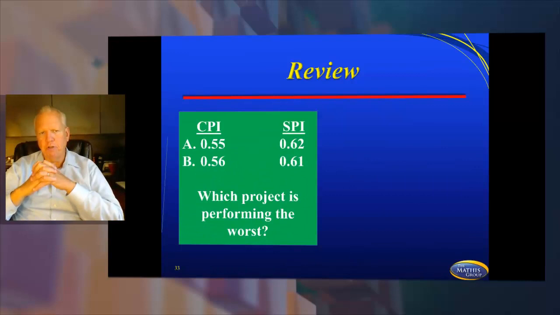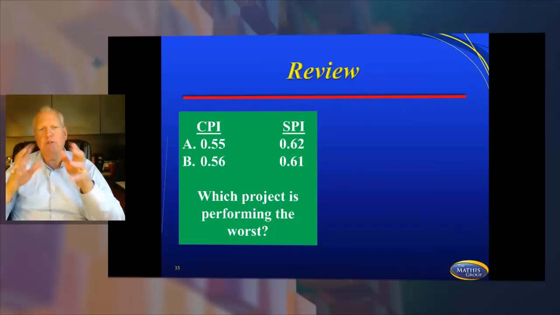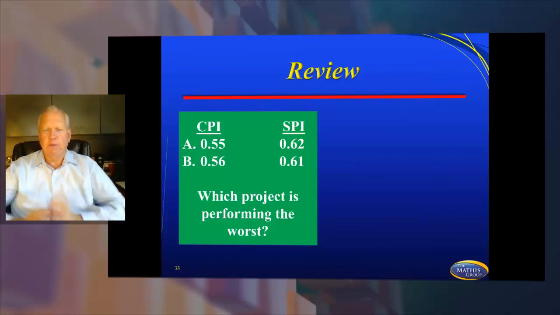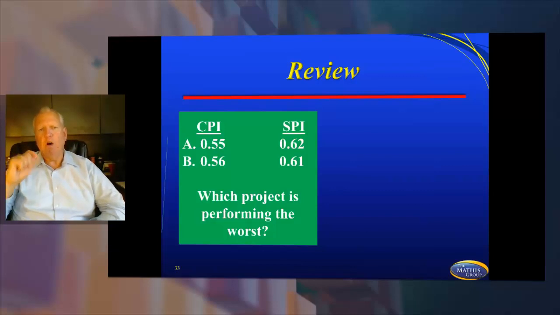Another thing they will show you with CPI and SPI is they'll give you 2 projects that are just like this, and they'll say which project is performing the best or which project is performing the worst. Now it's going to make a difference on what they're asking you on which one you have to pick. Now this is called critical ratio. All you would do is multiply your CPI times your SPI.